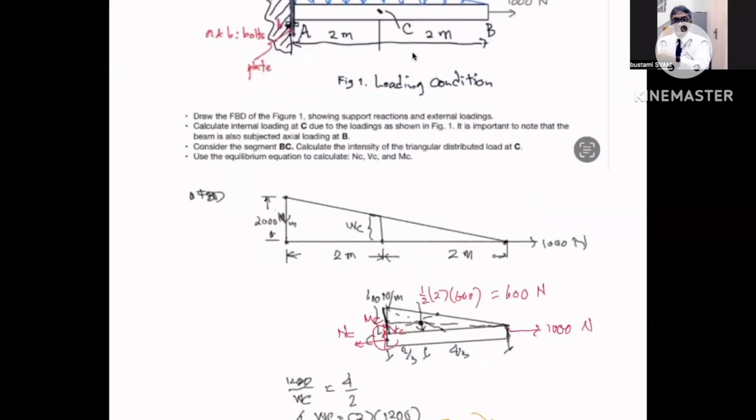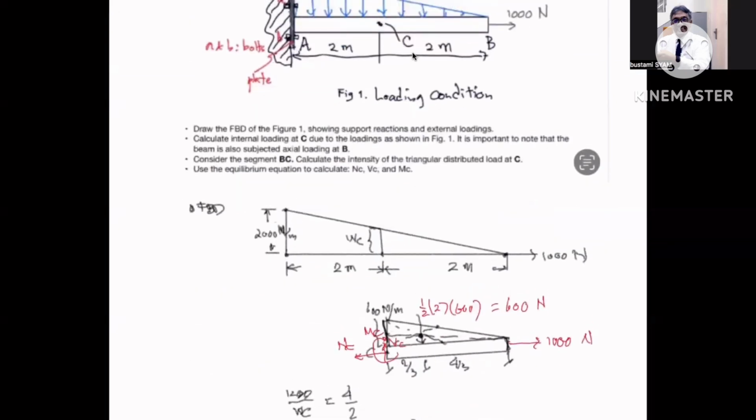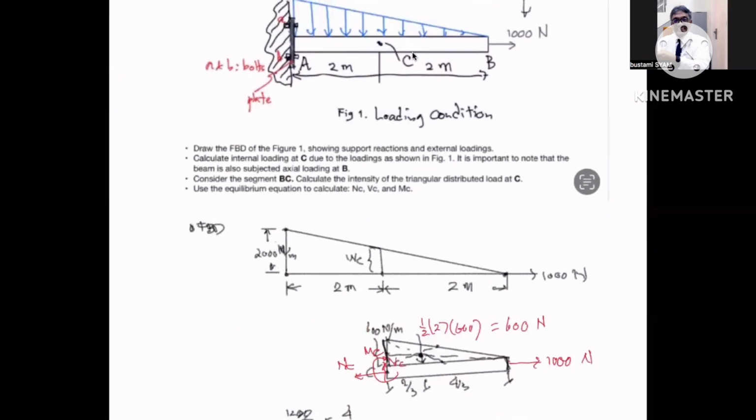Now we try to solve. We start with free body diagram. Kita mulai dengan FBD. Ya, untuk FBD kita gambar aja. Just draw the triangle here, in which this part maximum of 2000 Newton per meter, but is triangularly distributed across the beam.